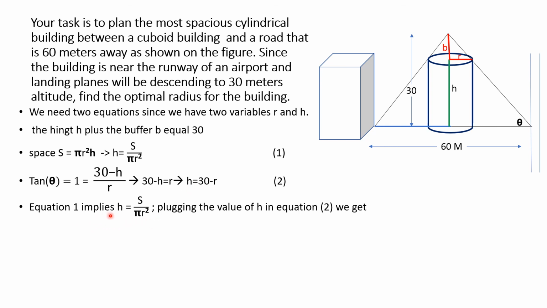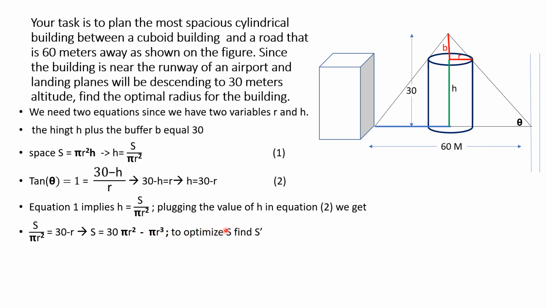So equation 1 implies h is equal to S over pi r squared. Plugging in the value of h in equation 2, we get S over pi r squared equal to 30 minus r. If we cross multiply, we get S equal to 30 pi r squared minus pi r cubed.